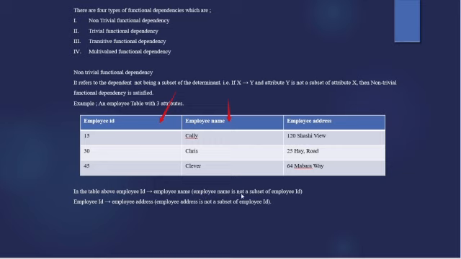Although employee name is not a subset of employee ID, non-trivial functional dependence is valid for such a relation on these 2 attributes. And also we can see that employee ID determines employee address, although employee address is not a subset of employee ID.